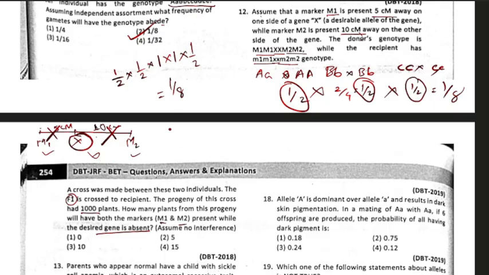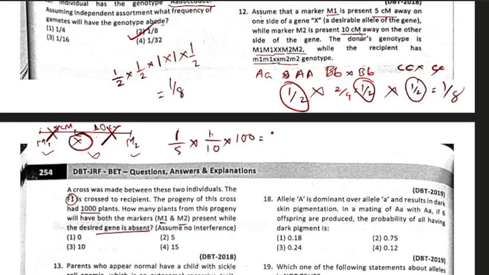So the percentage chance of having these two crossovers is 1 by 20 into 1 by 10 into 100.